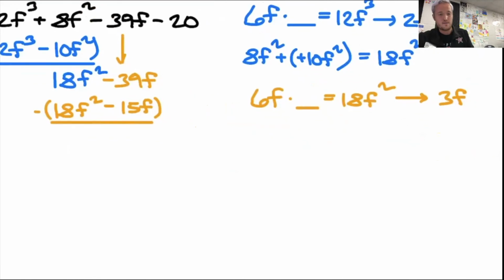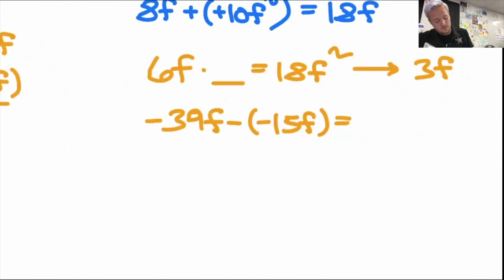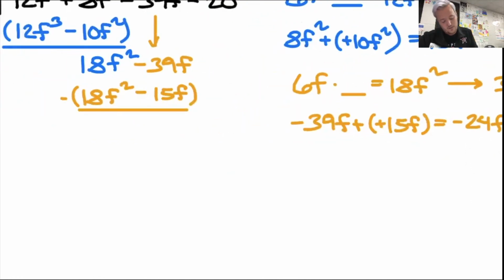So here I'm going to have negative 39f minus negative 15f. So this is going to be a plus a positive. So negative 39 plus 15, which is going to give you negative 24f. That's what's going to be written here.